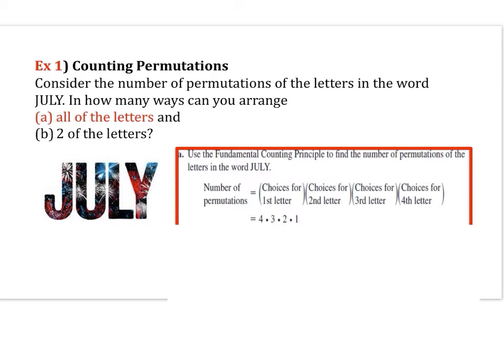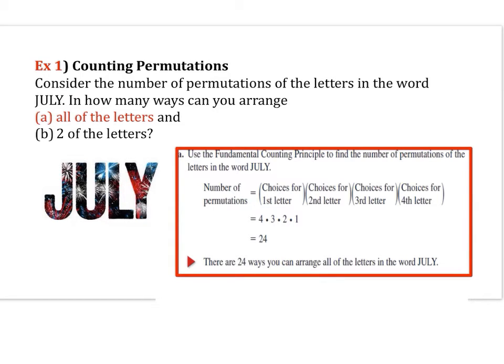And then once we've chosen that letter, we have 2 letters remaining for the third position. And once we've gotten down to the final position, there's only 1 letter we could possibly choose. So if we multiply all those values together, we get 4 times 3 times 2 times 1, which comes out to be 24. So there are 24 ways you could possibly arrange all the letters in the word July.